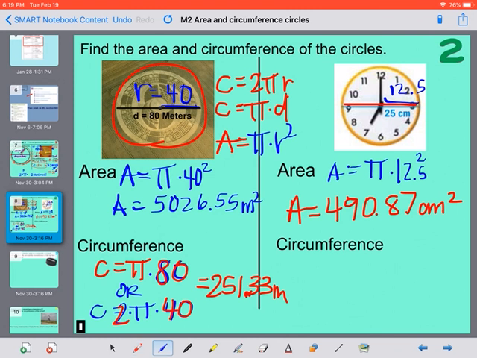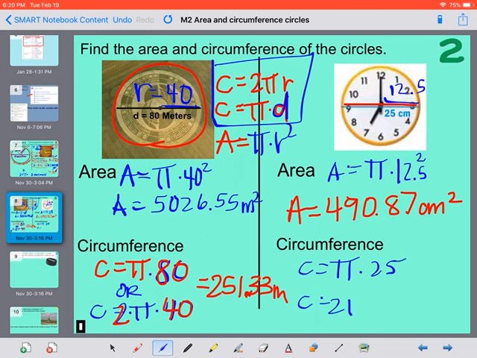And then last, circumference. We can use either one of these formulas. If you want to use your whole number of 25, which is the diameter, we can use the bottom one. So pi times the diameter, which is 25, or 2 pi r. Either way, it'll give you the same answer.